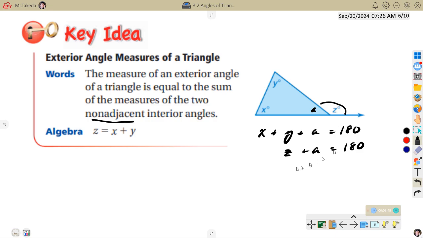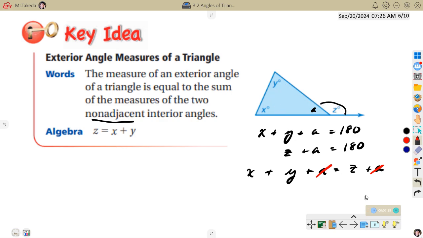So since they're both equal to 180 degrees, I can write a new equation that says since they're both equal to 180, that means they're equal to each other. I'm going to cancel things on both sides that are the same. So look, x plus y equals z. All right, so this all kind of makes sense. The measure out here is equal to the sum of these other two.